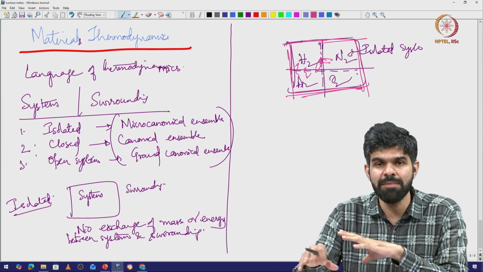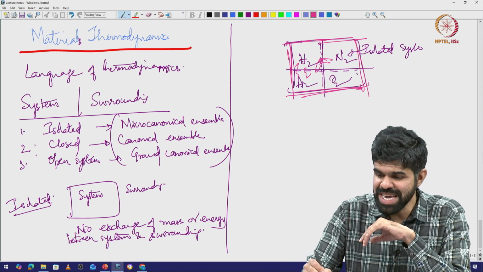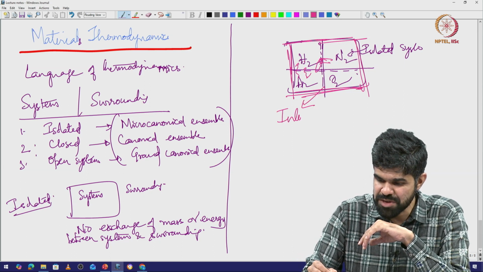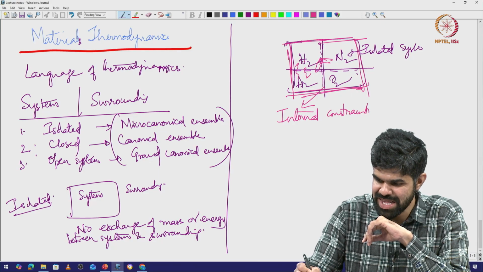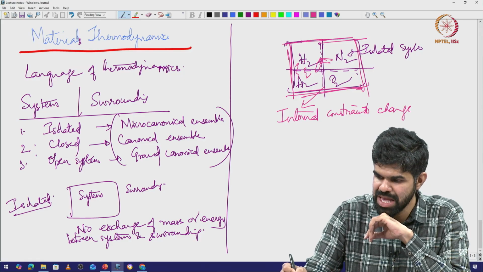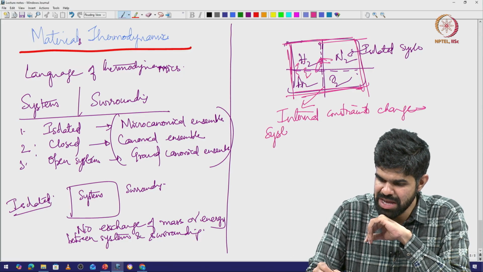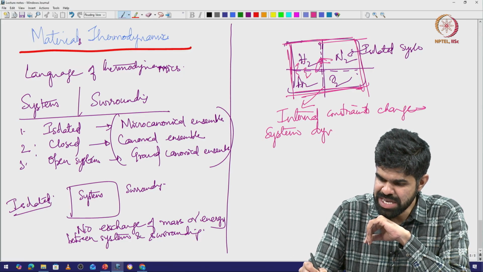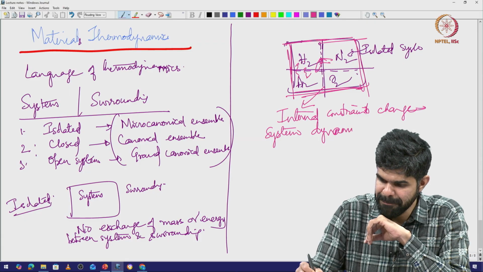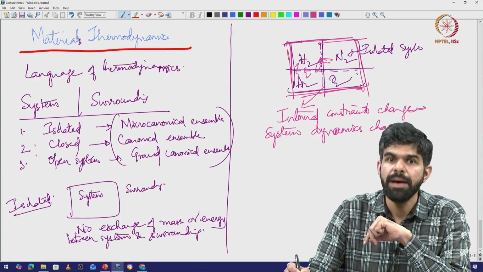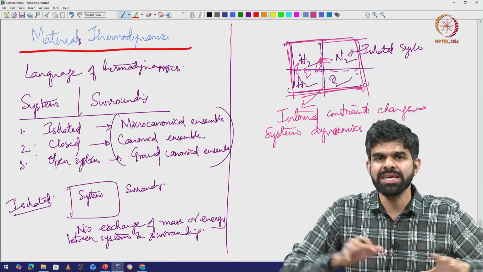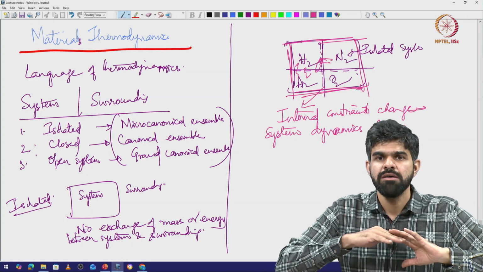So, a lot of things are happening in this system because I am changing what are called the internal constraints of this system. System dynamics change, everything is happening in the system itself.